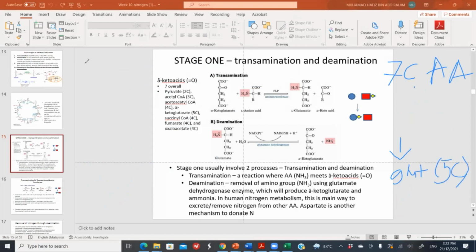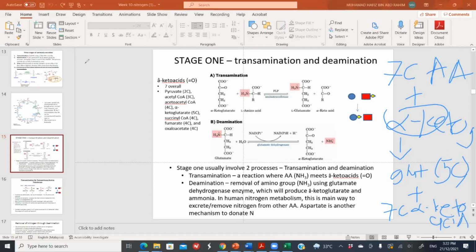So dia kena react dengan apa? Alpha ketoglutarate? Alpha keto lah dekat sini. Alpha ketoglutarate lah. So dekat sini kita akan produce new alpha keto acid, right? 7 carbon alpha keto acid. Yeah. 7 carbon.